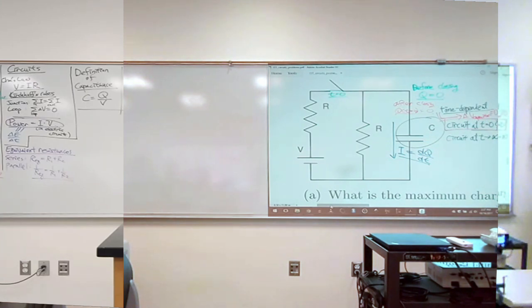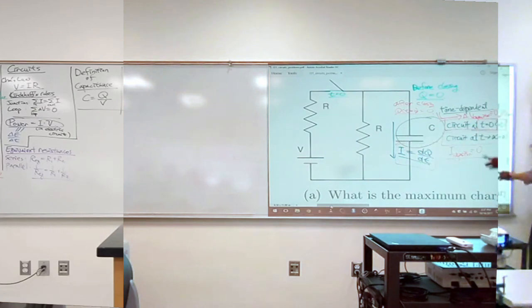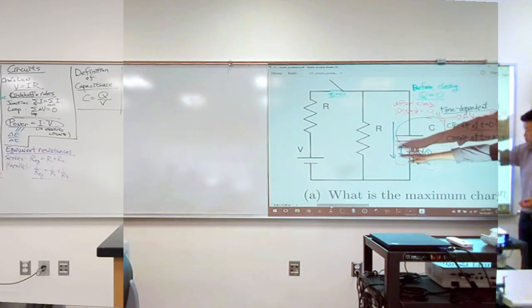And for the circuit at some infinite time, I'll just have to tell you what it is without really explaining why. At this point, the current through the capacitor should be equal to 0. That follows from this relationship here, because at some infinite time, we are assuming that the charge won't be changing anymore, so the current will be 0.